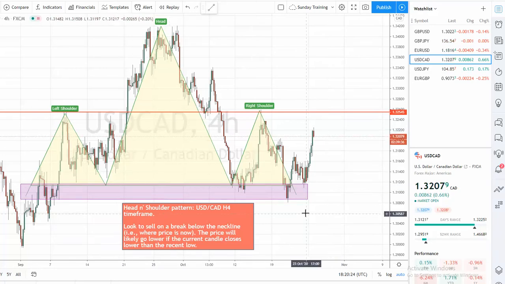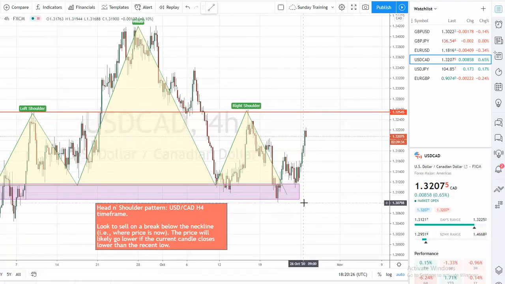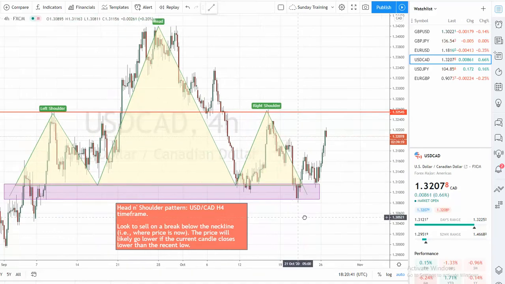But on TradingView, which is not so much a trading platform but a charting platform, people tend to mark things and leave it there, and you can always come back to this watch list to see what you've marked out. So that's one of the benefits of marking out your chart anyway.